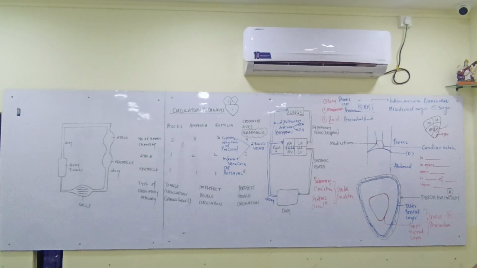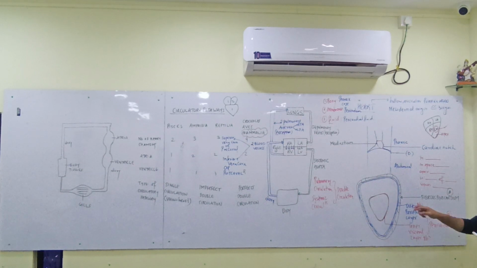So I divided the pericardium into two main layers, fibrous and serous, and the serous is divided into outer parietal and the inner visceral layers. Got it, everybody?